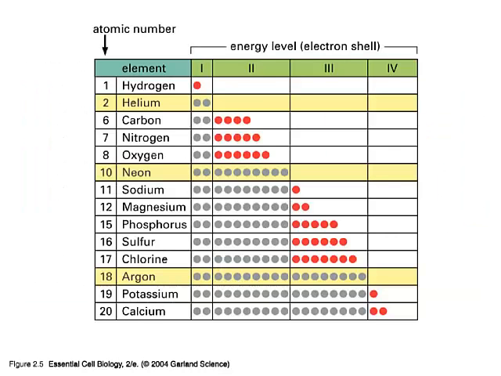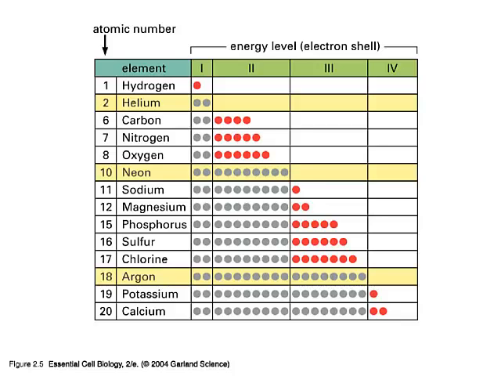Okay, so the electrons are what can tell us a lot about the reactivity of atoms and how they will form bonds. In this chart, you can see all the red dots represent an electron shell that is not complete. So if the electron shell is not complete, is the atom stable or unstable?